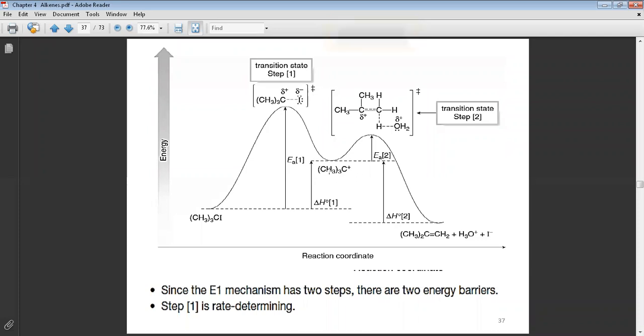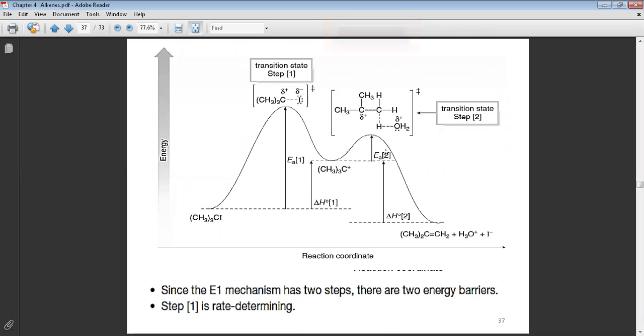Then the base attacks the beta proton and gives you the second transition state, and finally gives you the product. Of course, this curve is just an explanation of how the steps happen in the reaction, meaning all this is just one step.